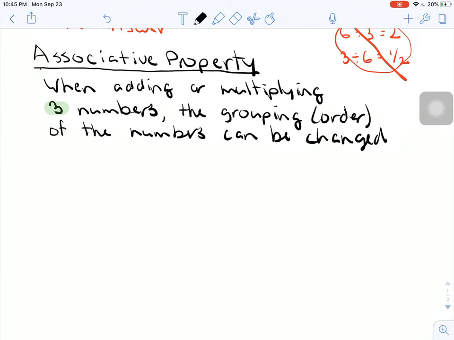So let's say I have some different numbers that I'm adding. Maybe this is part of an equation that I'm working with, since we were just talking about equations in the last lesson. So maybe I have part of an equation, and part of the equation is something like this. 2 plus (x plus 5) in parentheses.